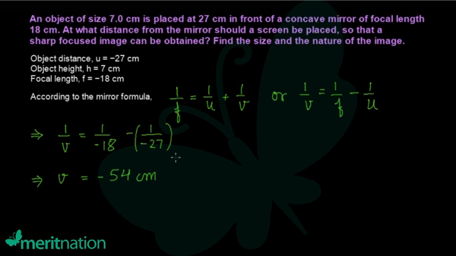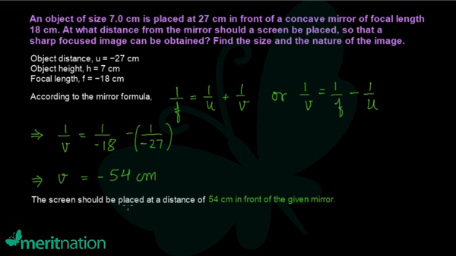From this formula, if I put the values, the value of v, that is image distance, comes out to be -54 centimeters. So the screen should be placed at a distance of 54 centimeters in front of the given mirror. This minus sign tells me that if this is my mirror and the object is placed somewhere over here, the image is also formed on the same side.